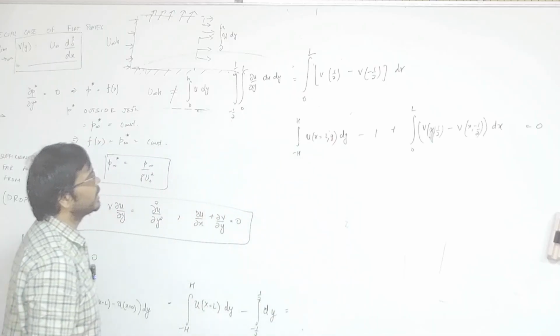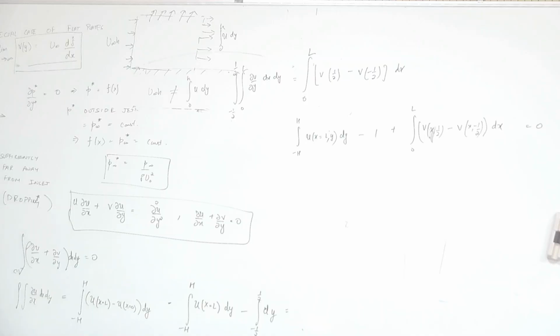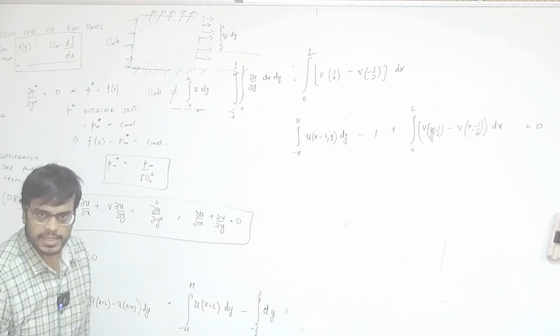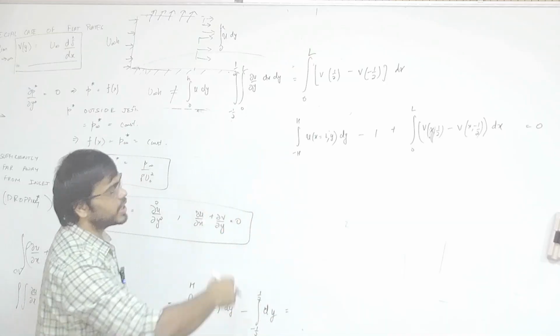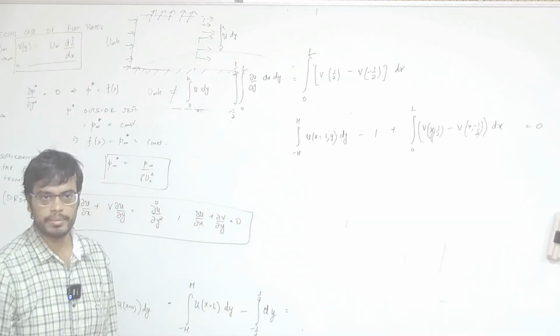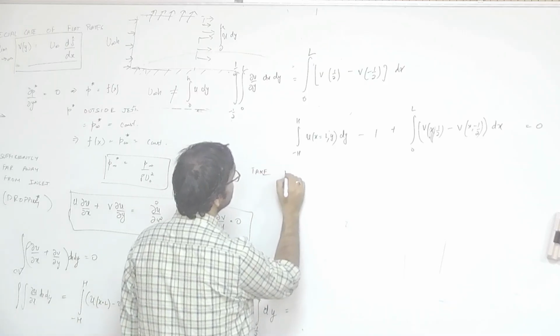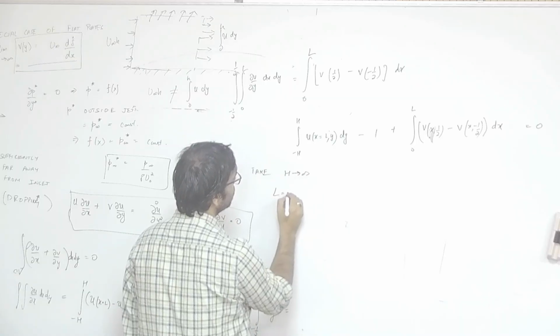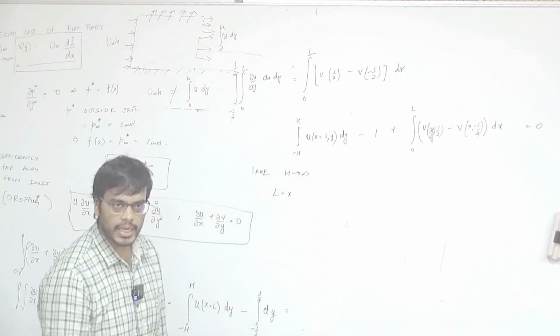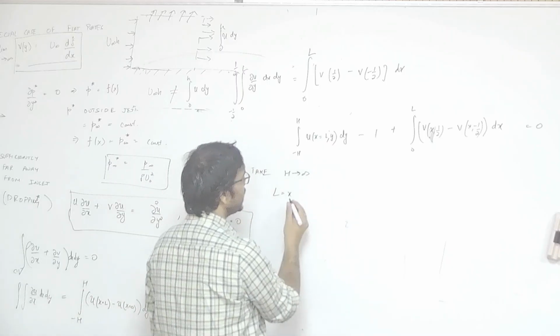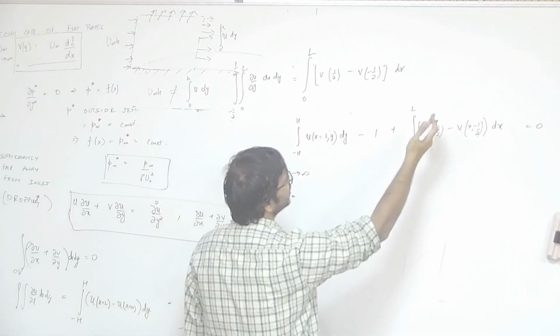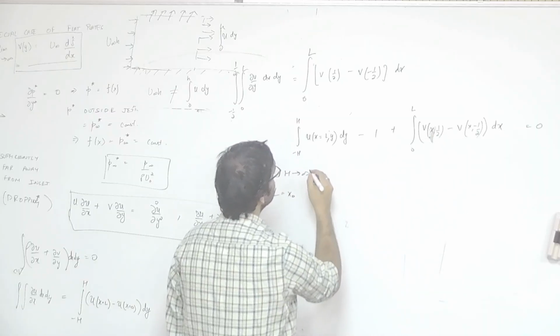Let's not forget that. So I can take L to be general, any x, and I can take a limit of h going to infinity here. Take the limit of h going to infinity and L to be any x location. What will you get? Maybe take x naught so you don't confuse it with the integration sign. So what will we get?